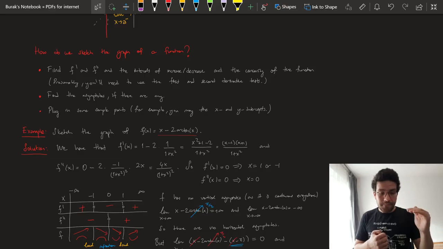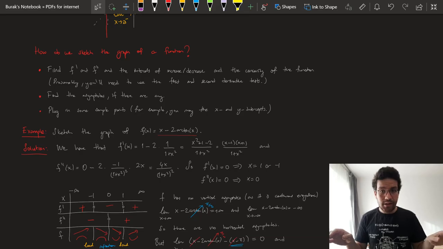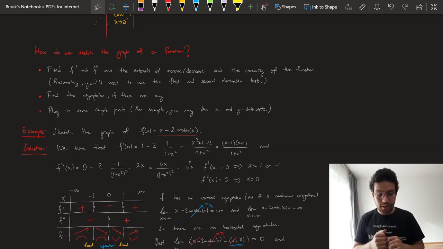And after you find these, you check for the asymptotes. There are 3 kinds of asymptotes: vertical ones, horizontal ones, oblique ones. So you check for these by checking the limits at infinities and by checking whether there are points at which right or left limits may be plus or minus infinity. And then, to supplement this data, you plug in some sample points.